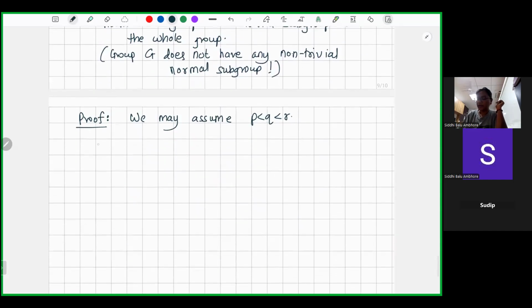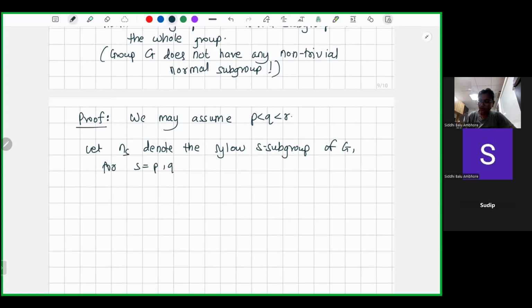And let NS denote the number of Sylow S subgroups of G. That is, S has only these possibilities, P, Q, or R. It could be any of these. We don't know which of these will give us a Sylow subgroup. Okay, so for now, let us denote NS. S could be any of these P, Q, and R.